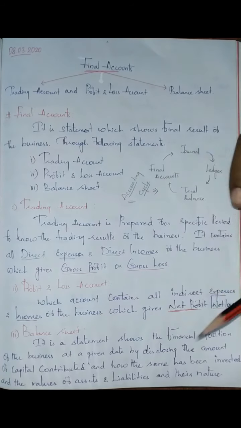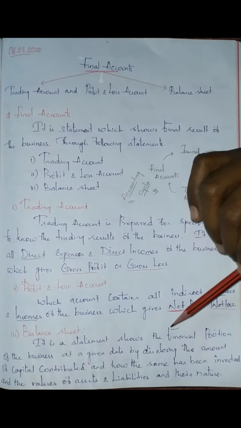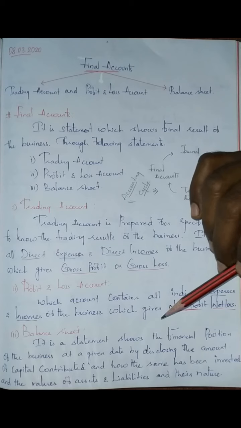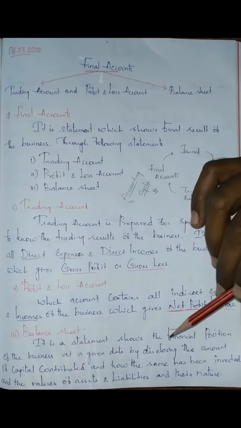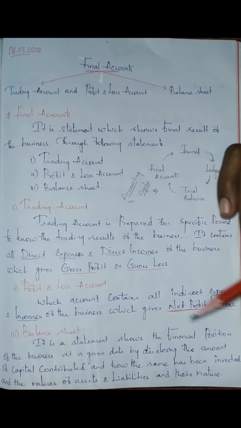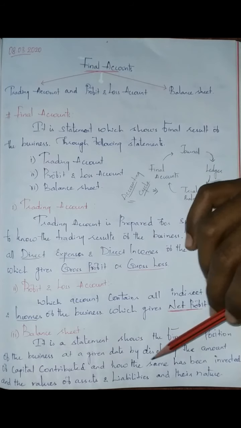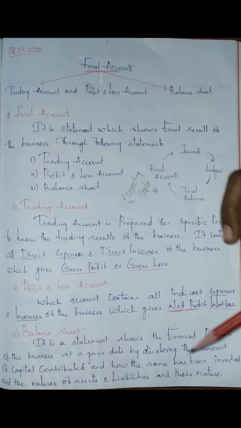And finally, the balance sheet is a statement that shows the financial position of the business at a given date by disclosing the amount of capital contributed, how the same has been invested, and the value of the assets and liabilities and their nature.